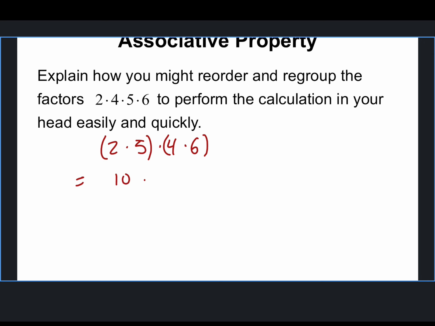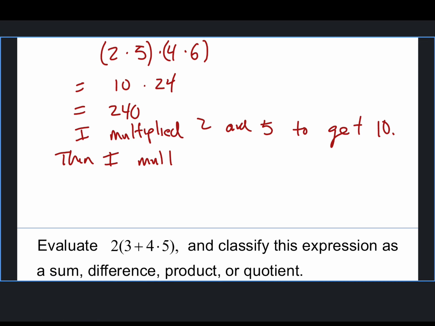Okay, so words. I multiplied 2 and 5 to get 10. Then, I'm going to scroll up, I multiplied 4 and 6 to get what? 24.